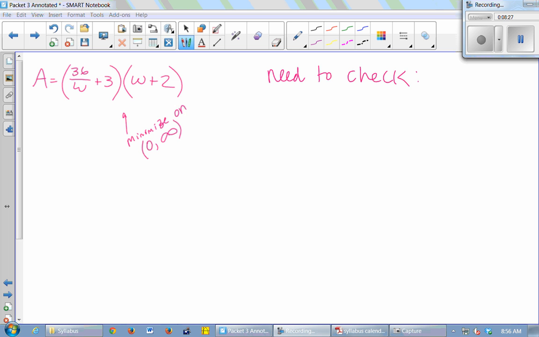are critical values. I need to find the critical values and find the value of the function at each of them. And then also I need to know the limit as W approaches infinity of the area function, and the limit as W approaches 0 of the area function.